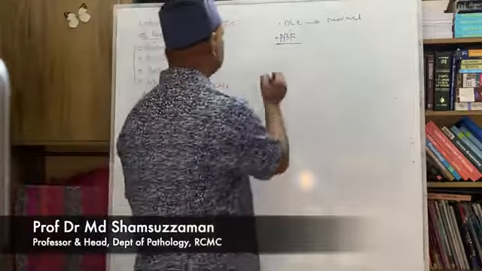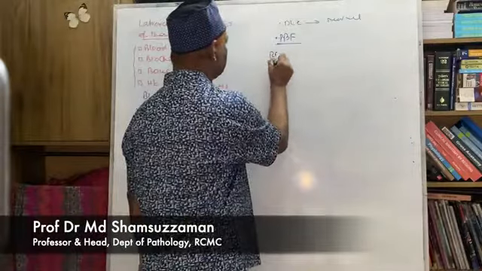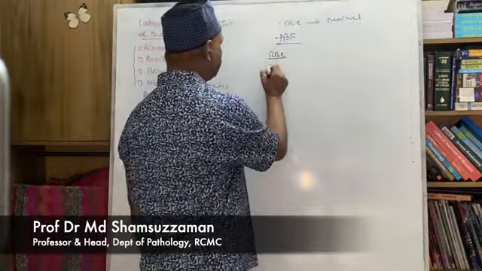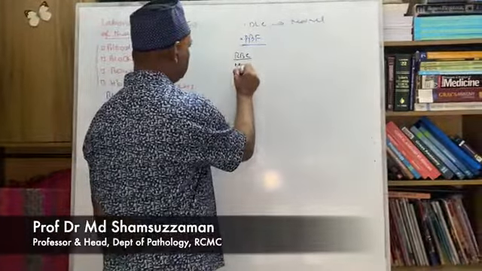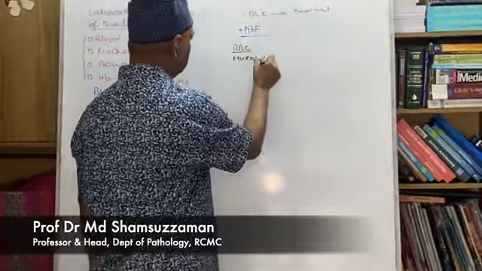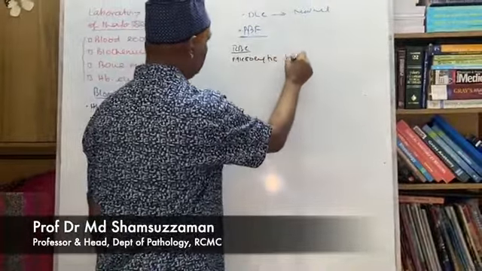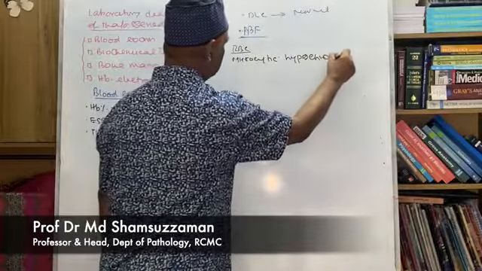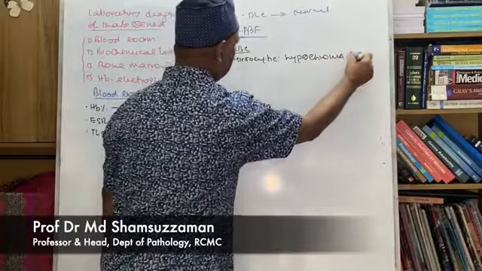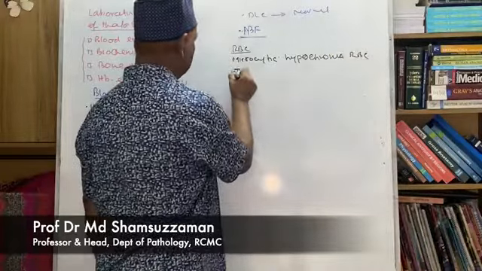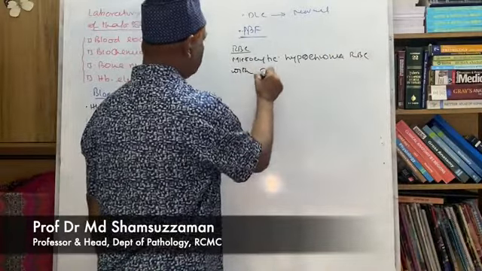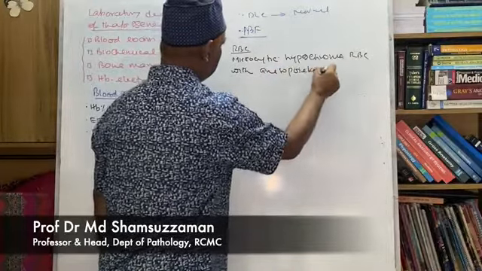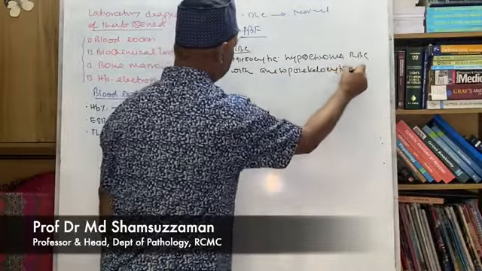Now come first to the RBC series in peripheral blood film in thalassemia. In the RBC series you'll get microcytic, hypochromic RBC with anisopoikilocytosis.